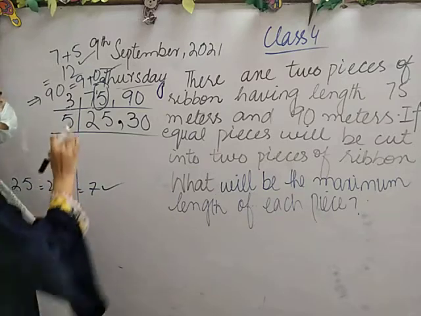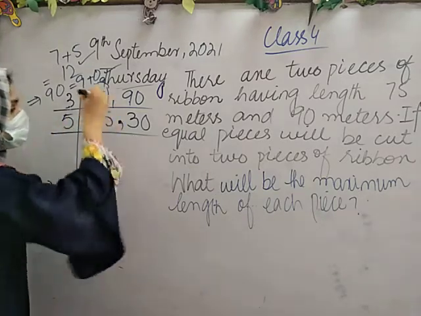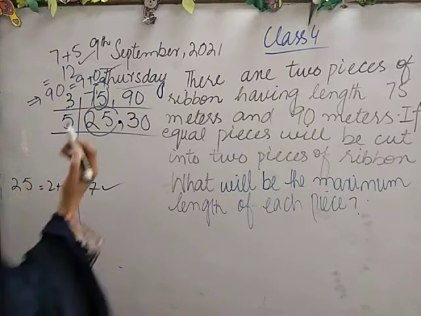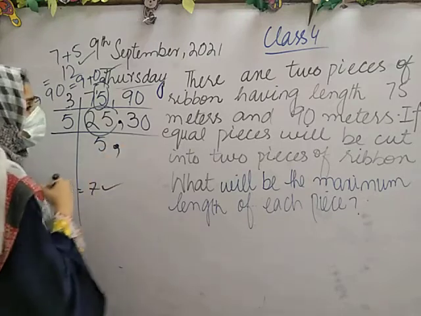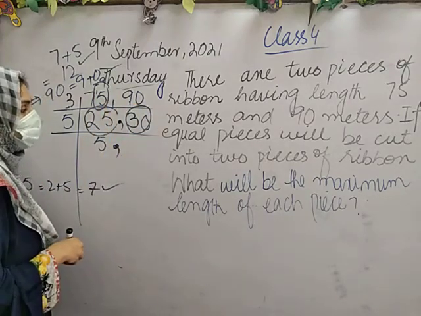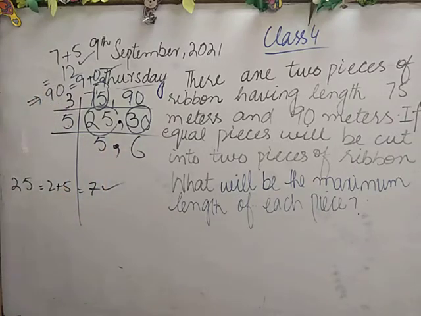Now who will tell me by how many times I multiply to get 25? Hanji, who will tell me? Abdul Basit, you tell me. Very good. 5 5's are 25. Next the number which is 30. 5 6's are 30.